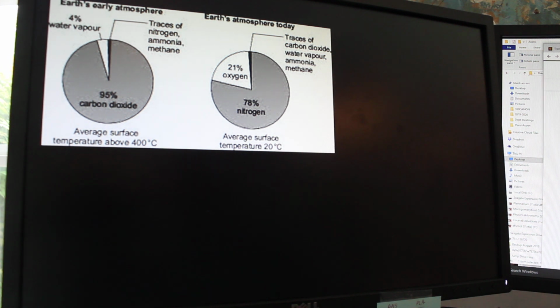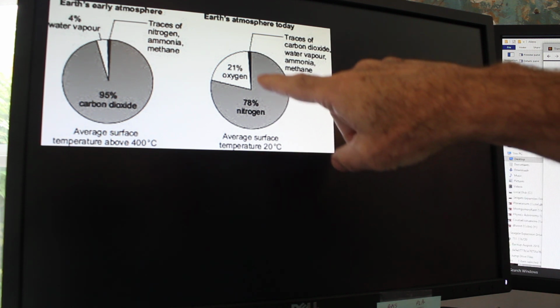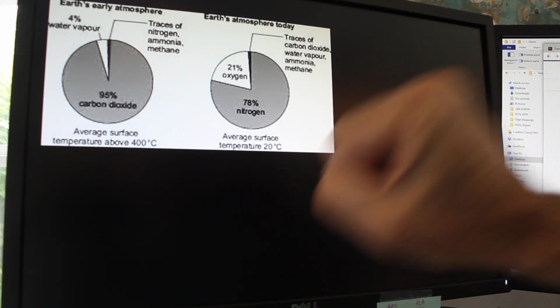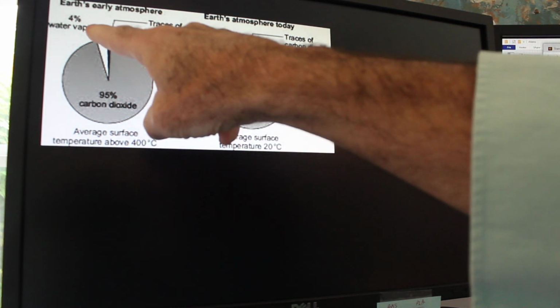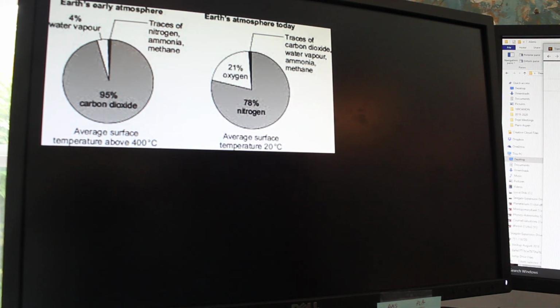All right, now let's talk about our atmosphere. Our atmosphere now is 78% nitrogen, 21% oxygen. But originally, it was almost all carbon dioxide, 95% carbon dioxide, and a lot of water vapor. Now our water vapor is like less than 1%. When we claim it's humid, it's still less than 1% of our atmosphere.